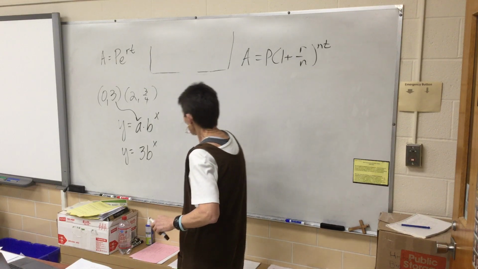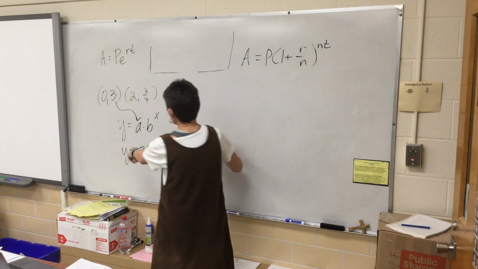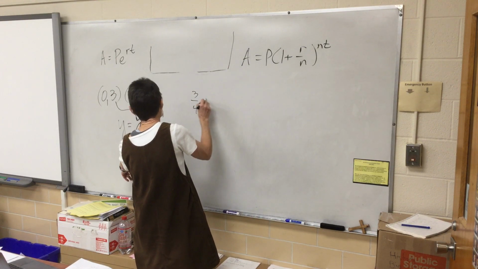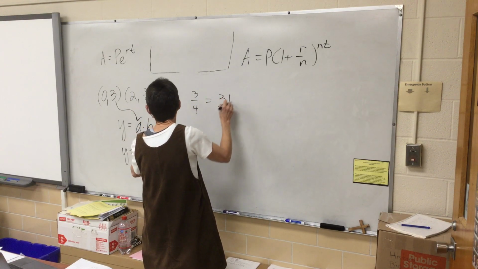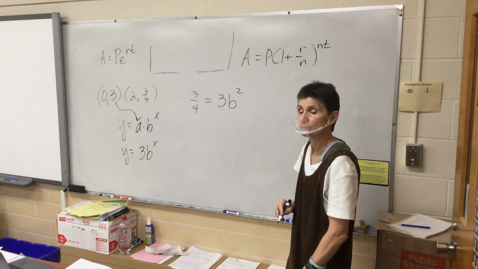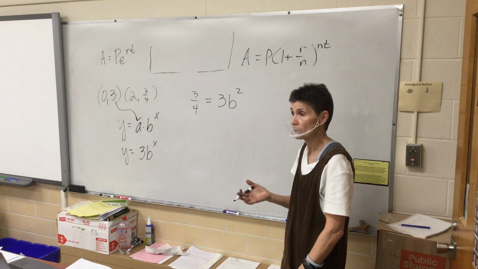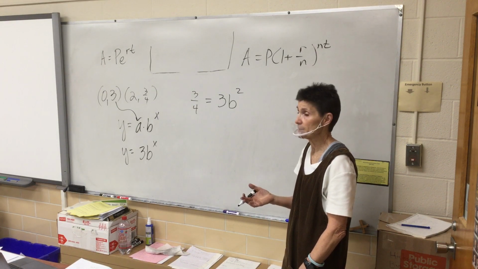So I'm going to plug in my point. So 3/4 goes in for y, and 2 goes in for x. Now what do I have to do first? We've done this over and over again. Got to divide by 3.